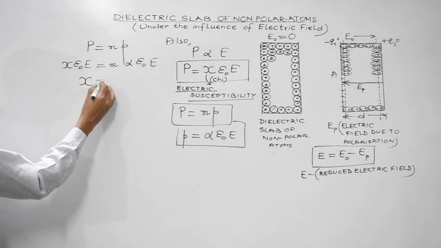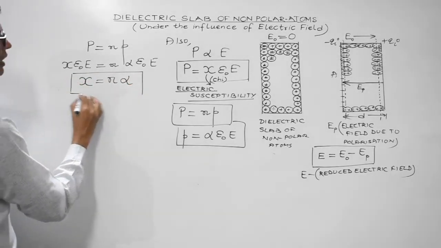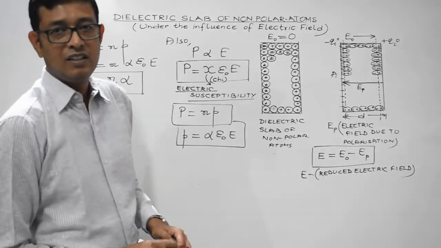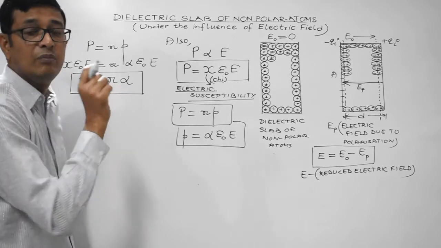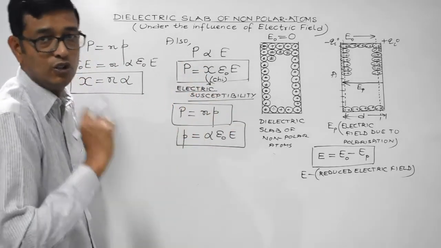So therefore, this is the relationship between electric susceptibility and atomic polarizability. Remember students, N is the number density of atoms, which is the number of atoms per unit volume, right?